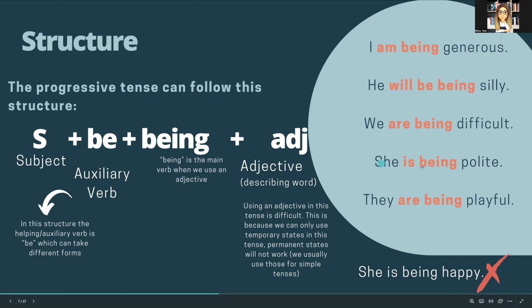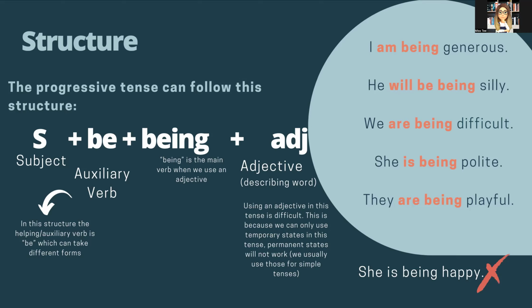So for example, being polite is only when you say please or thank you. It's temporary. You're not polite 100% of the time or most of the time. When you're by yourself, for example, you're commonly not polite, or you're not always trying to be silly or difficult. These are just temporary things that are for a short time.